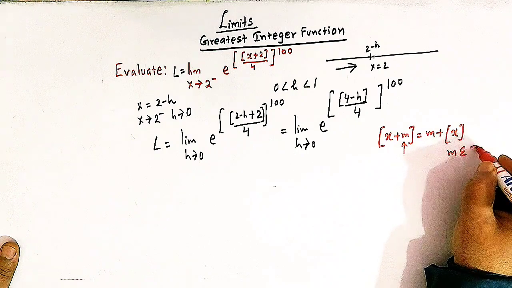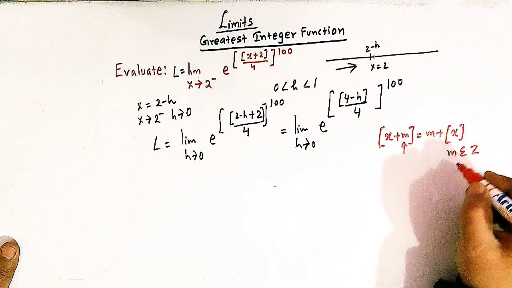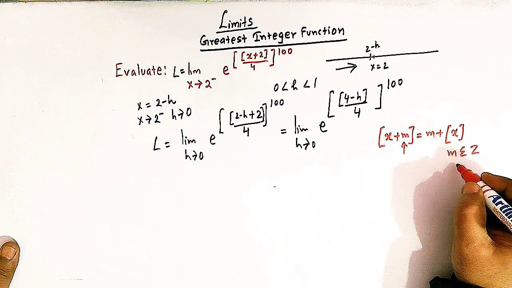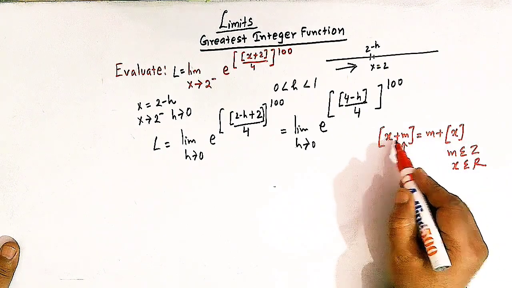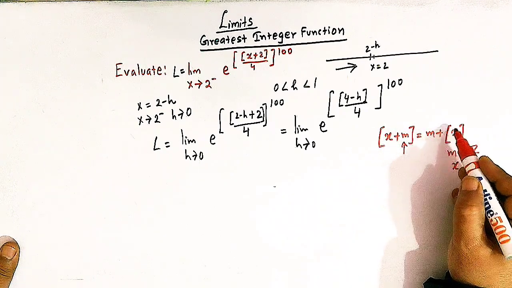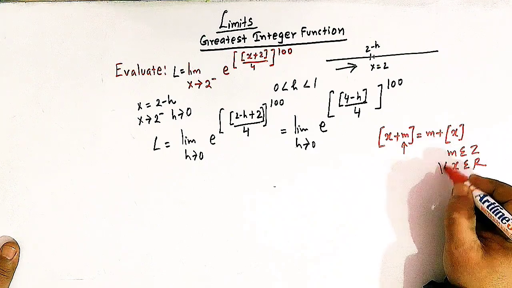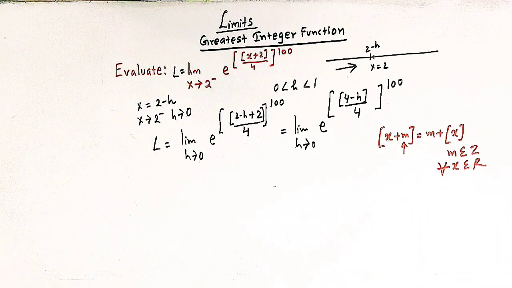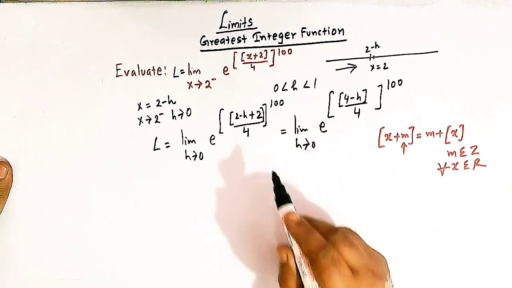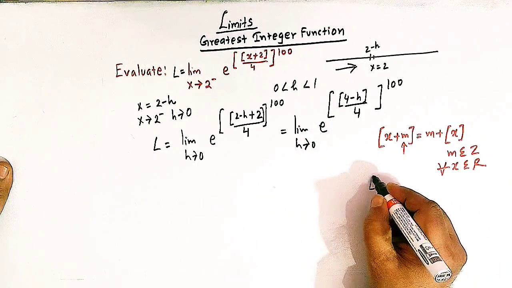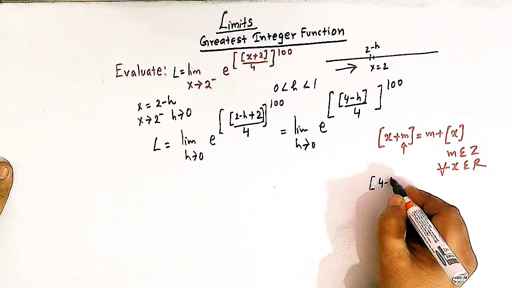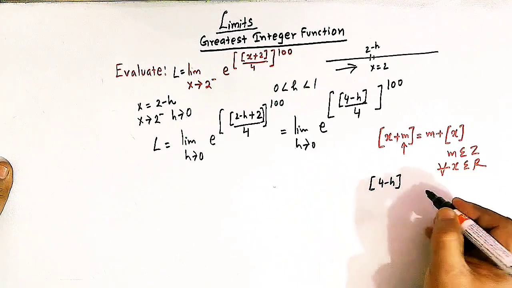So m belongs to the set of integers, and here this x is a real number, right? So greatest integer of x plus m is m plus greatest integer of x for all x belonging to the set of real numbers.